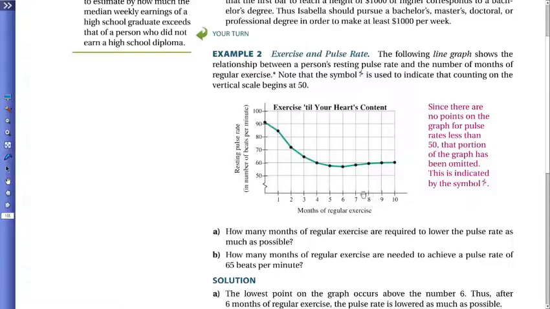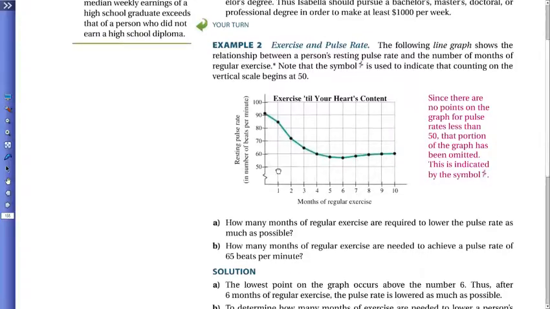And then here is a timeline, really. This is a number of months of regular exercise. So at the beginning of this data collection, we started with a person who wasn't doing any regular exercise. This was their resting pulse rate. After a month of regular exercise, this is the new pulse rate, and so on.